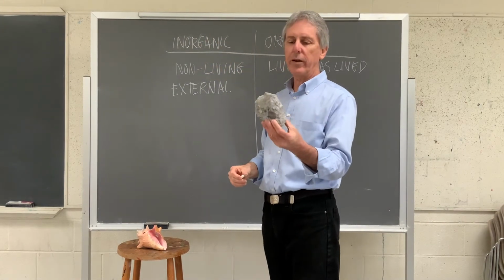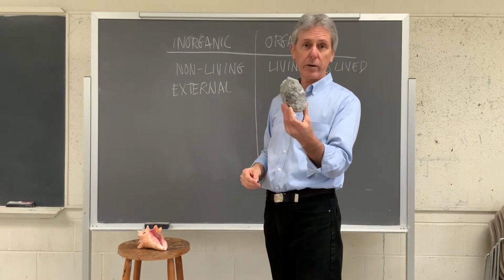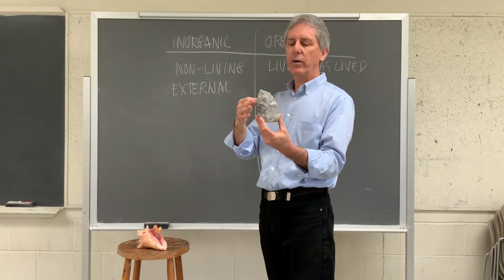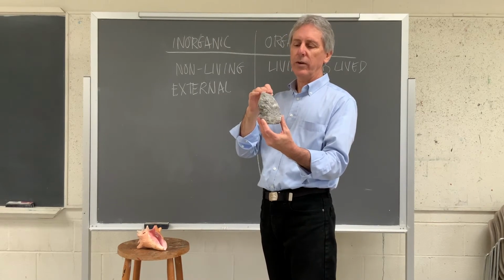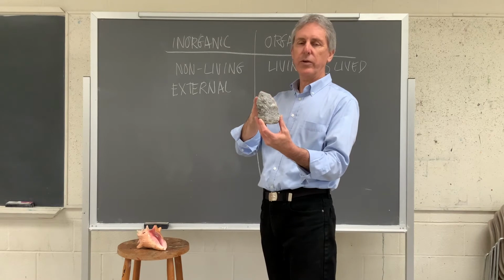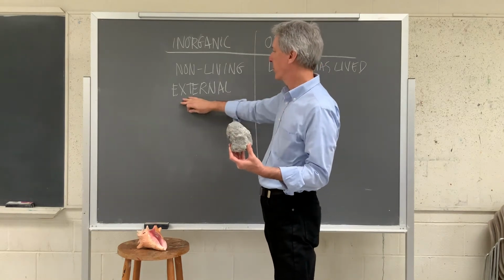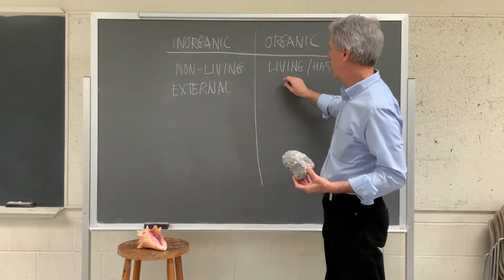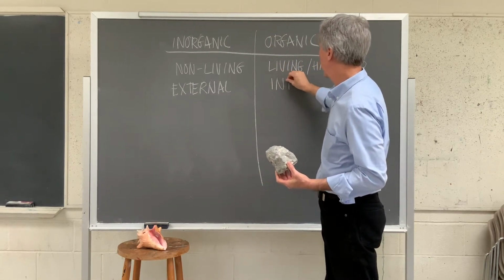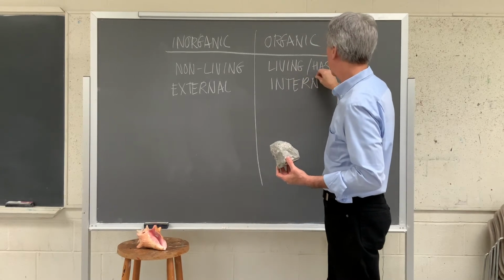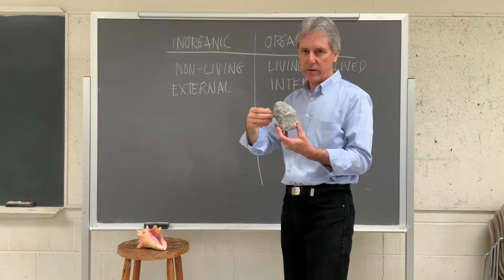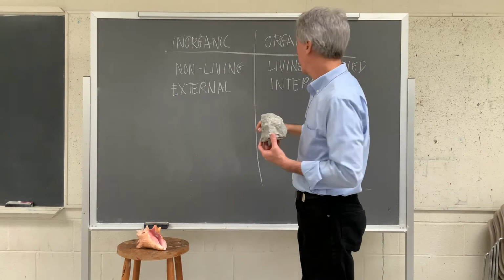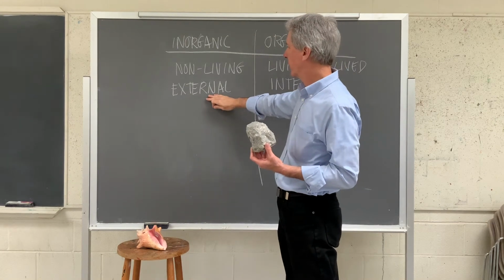And what I mean by that is that this used to be bigger, and either erosion or some kind of concussion or water freezing and thawing, any kind of external force made this into what it is. On the other hand, over here, these are internal forces because this conch shell went from being a very tiny thing, it developed, it got bigger, and it actively grew. So that's an internal force versus an external force.